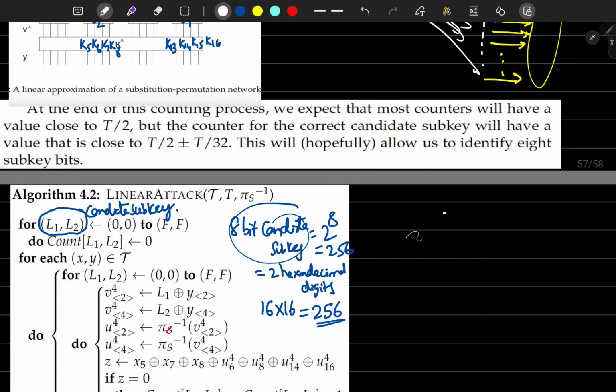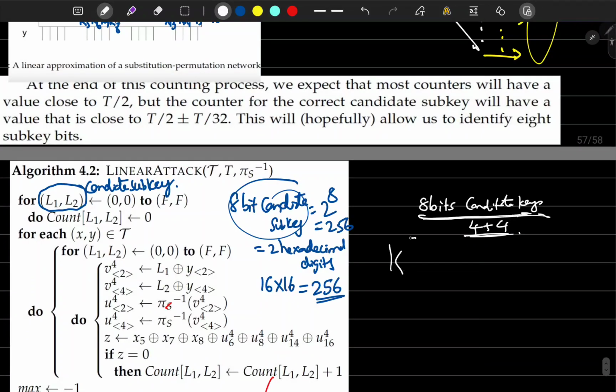Using this attack you will get the candidate subkey. The candidate subkey is the 2nd and 4th blocks of K5, that is 8 key bits revealed. How? See, since the 8 bits are the candidate key, it is 4 plus 4.